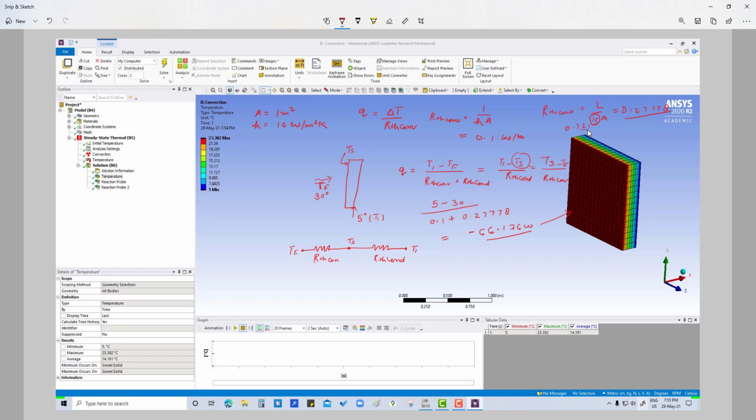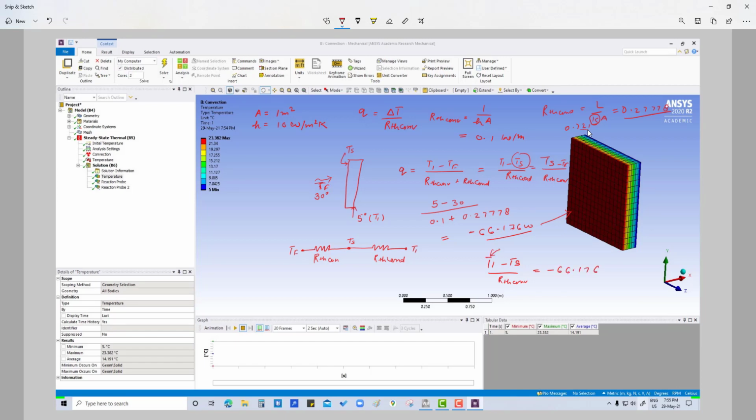So from here we have got this heat flow, that is minus 66, and if we want to get the temperature of this surface, then we are going to calculate T1 minus TS upon resistance for convection. That we have already calculated, 66.176.